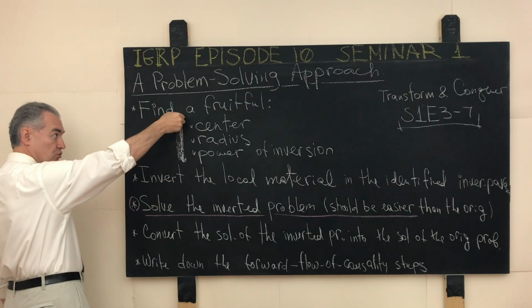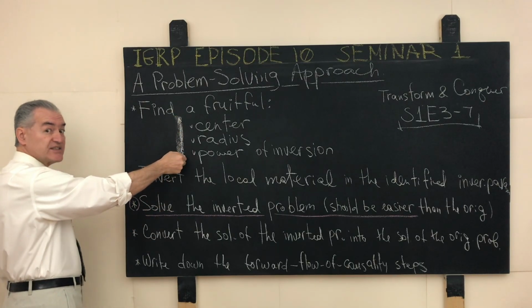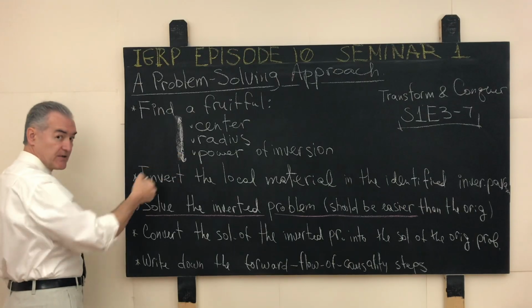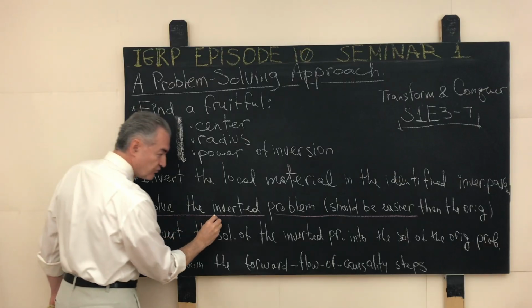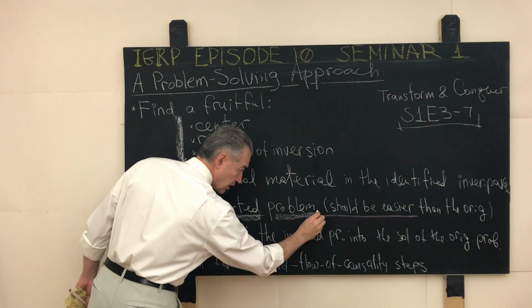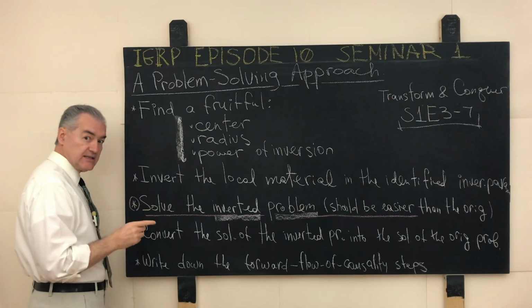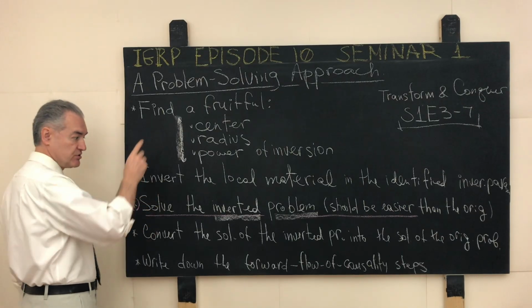So if your choices here were successful and fruitful, then it is pretty much the miracle of mathematics that the inverted problem will be easier to solve than the original one.